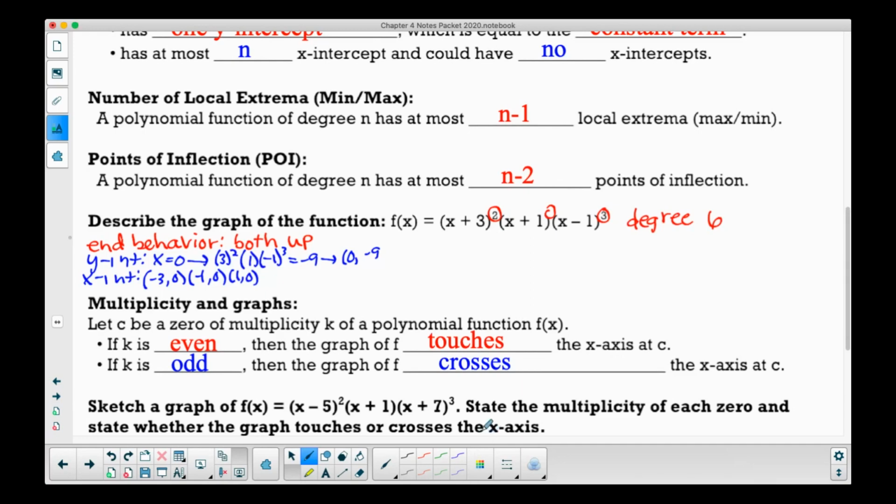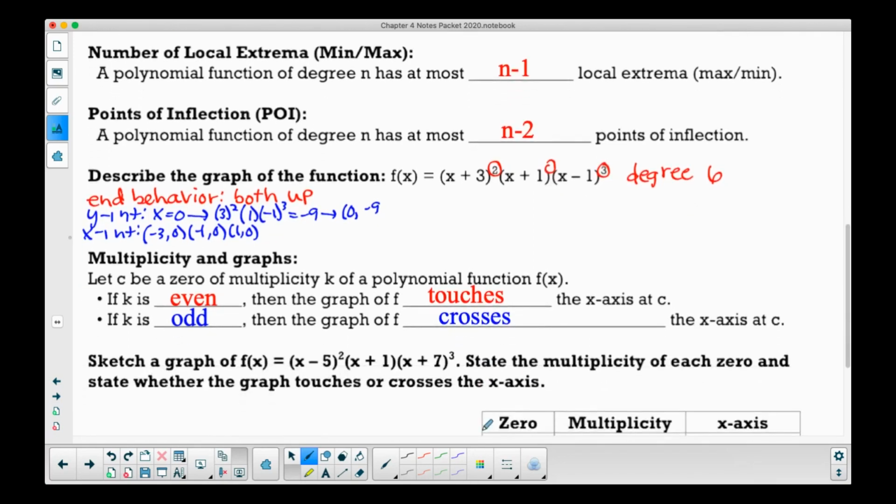All right, then from there, we can describe the number of local extrema. Since it's degree 6, at most it could have 5 local extrema. And then points of inflection.